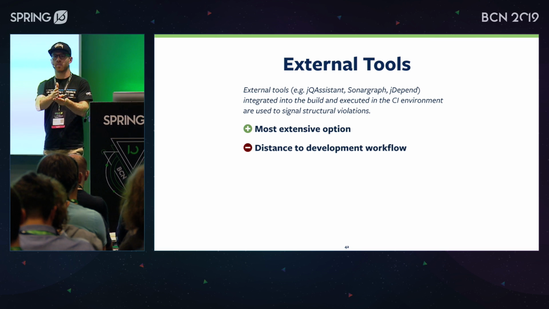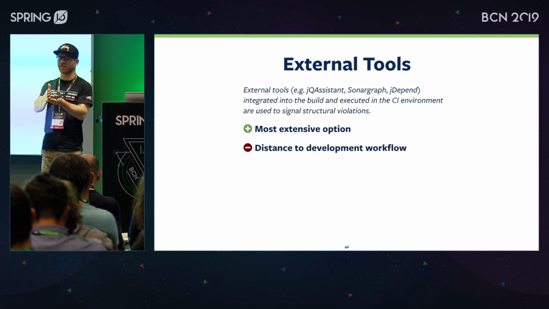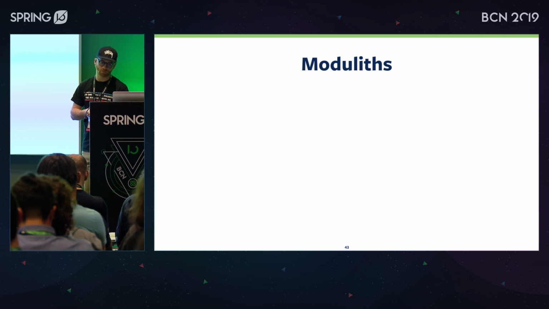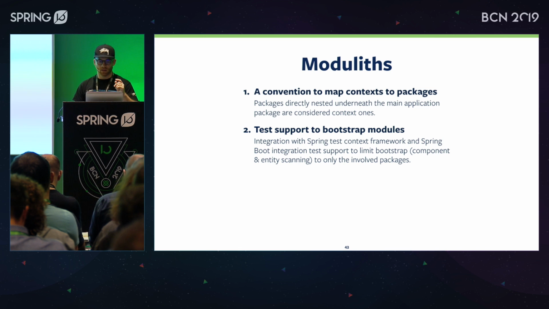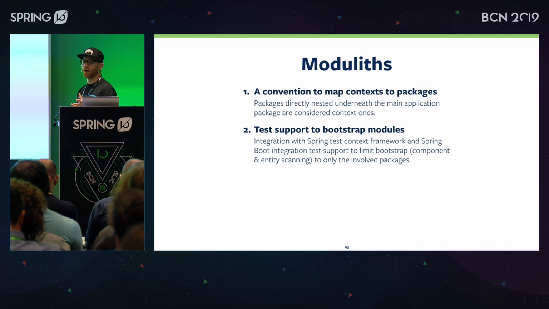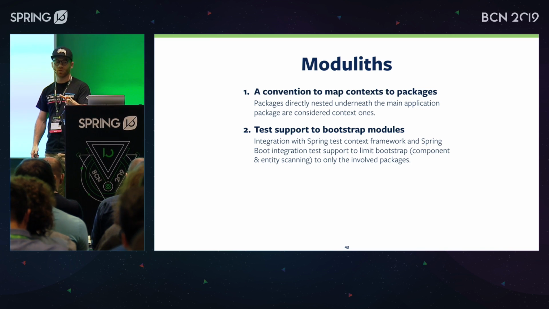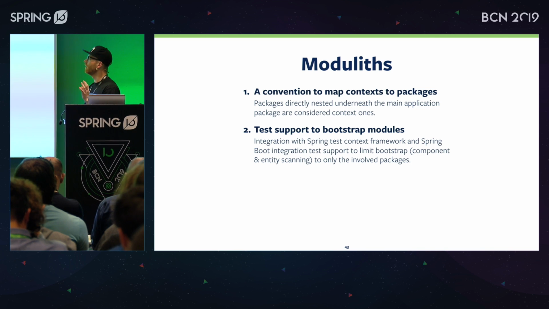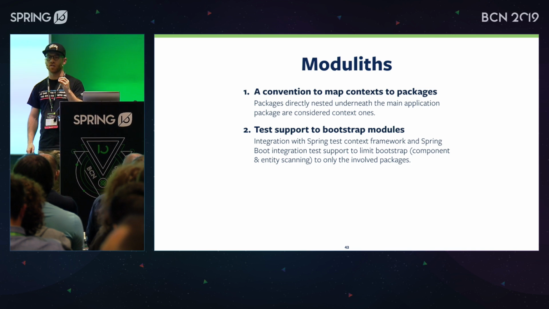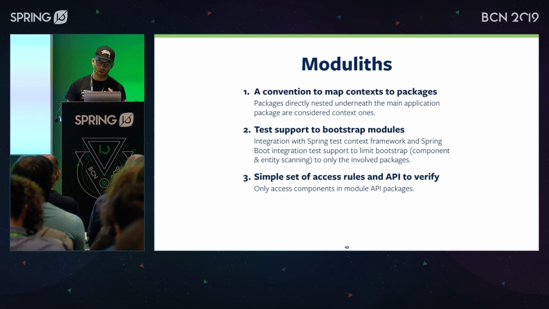So the first thing is the compiler, the second distant thing is the test, and the third distant thing is the build system, right? So to reiterate, a convention to map context to packages allows us to reason about the modular structure of your system. We can then build support on top of that to actually bootstrap parts of your system.